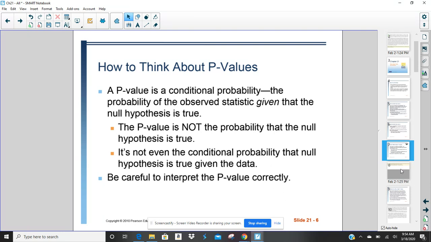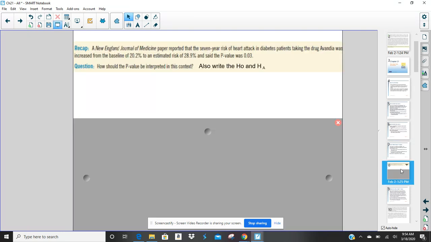So let's go through how we would write this. Here's an example from the book. You probably read it already. The New England Journal of Medicine paper reported that the 7-year risk of heart attack in diabetes patients taking the drug Avandia was increased from a baseline of 20.2 to an estimated risk of 28.9, and said the p-value was 0.03.